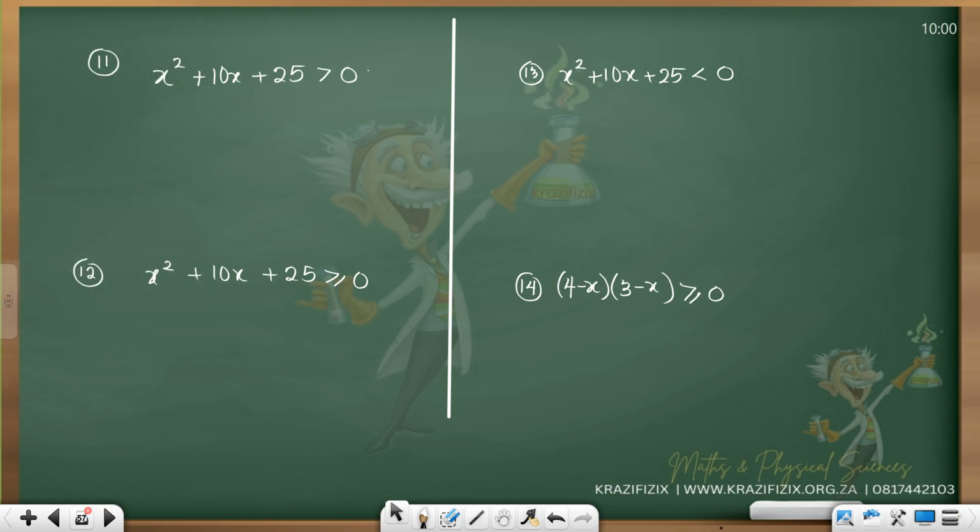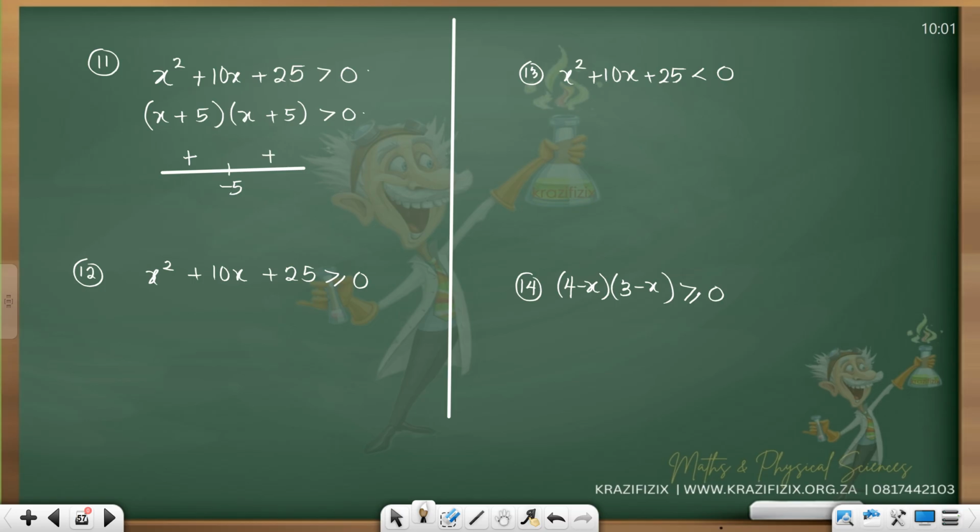Now, if you notice, the first three questions are kind of the same, so I won't waste time. X plus 5, X plus 5. You would notice that we have one critical value, which is negative 5. And I told you it's always plus and plus there.